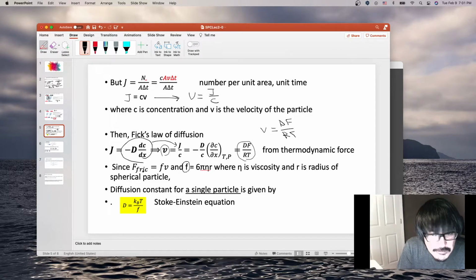So F is equal to the little f nu, so that nu can be equal to F over f, and that's also equal to dF over RT. So F is going to be gone.